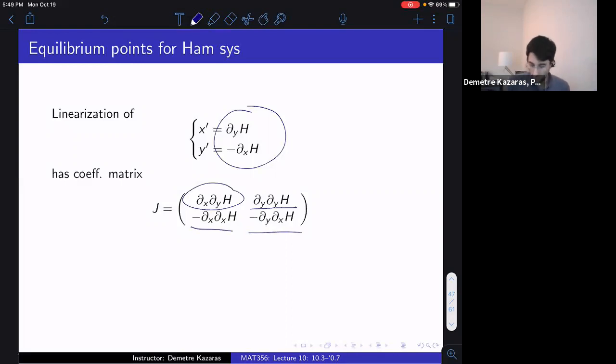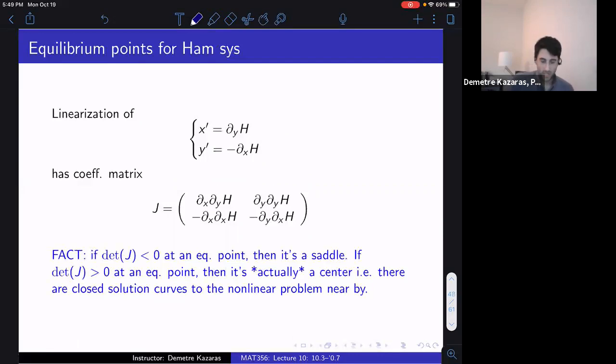Let's think through what that means for equilibrium points. So here's a fact. Let's look at what the determinant of J is and talk through what's going on.